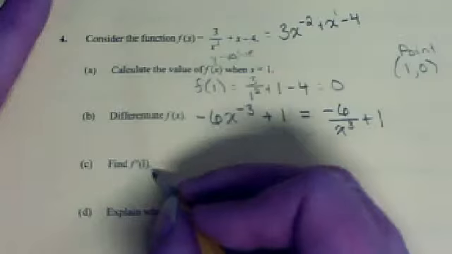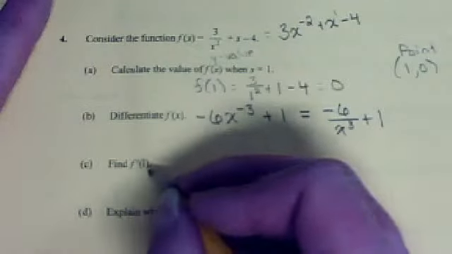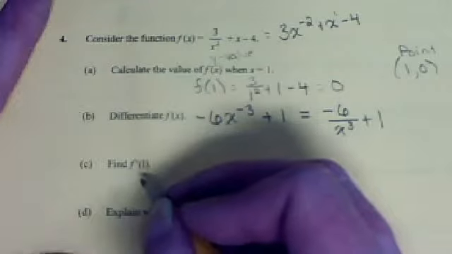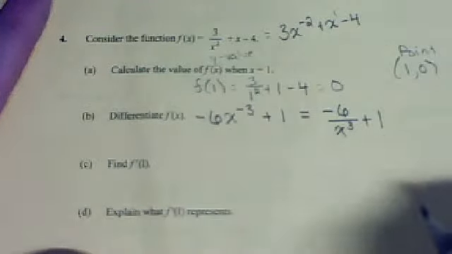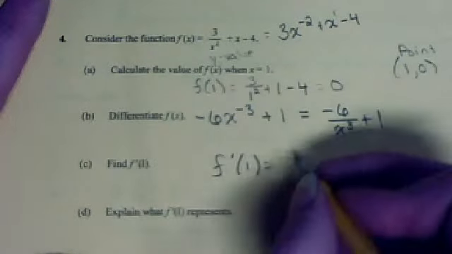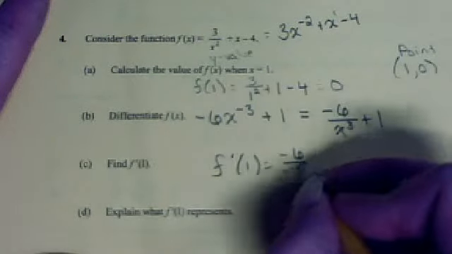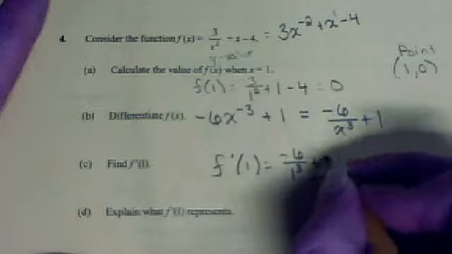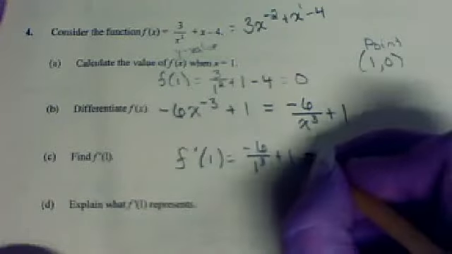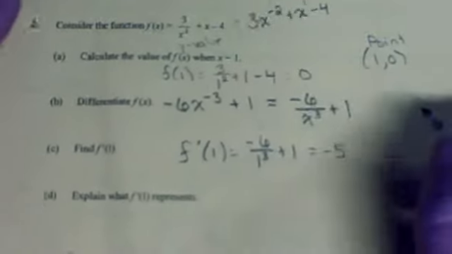Find f prime of 1. So remember, the derivative is that gradient, the slope of the tangent line going around the curve. So when we find f prime of 1, we're finding that slope of the tangent line. Negative 6 divided by 1 is going to be negative 6 plus 1 is going to give me a negative 5.